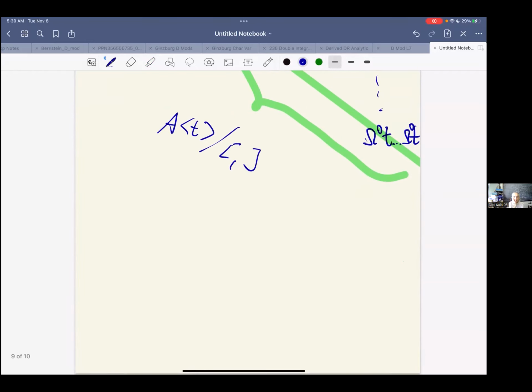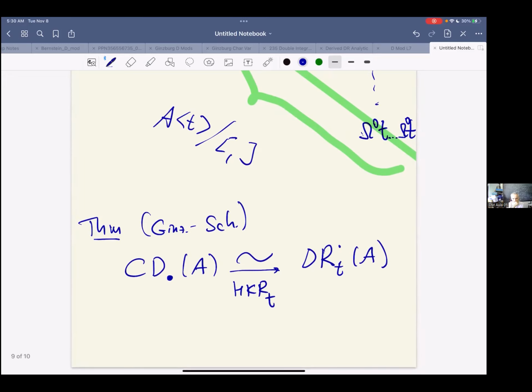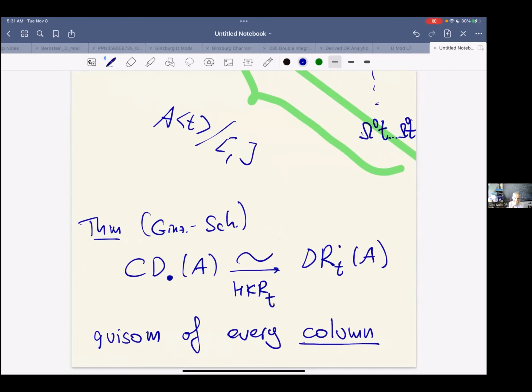Okay, so once again, a theorem of Ginzburg-Schedler says that... and there is this HKR map, and it's a quasi-isomorphism on every column.